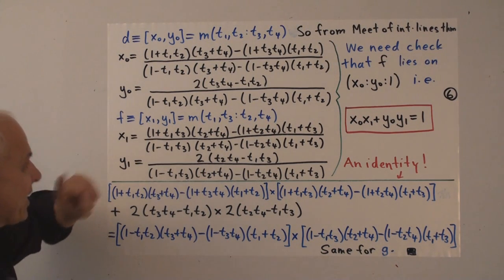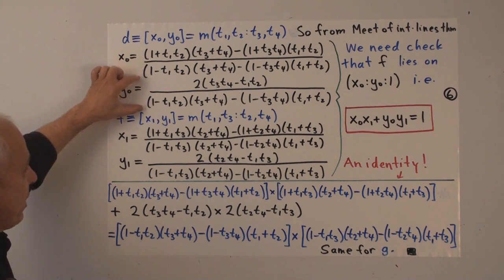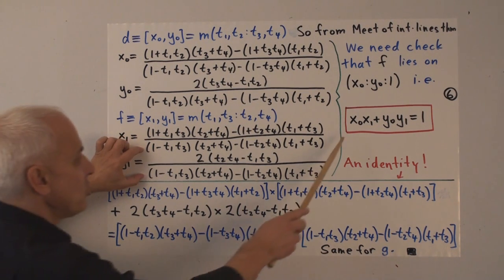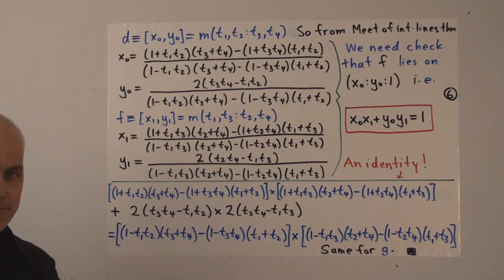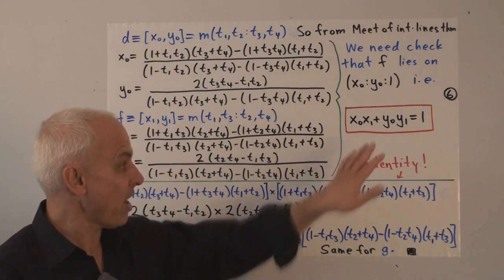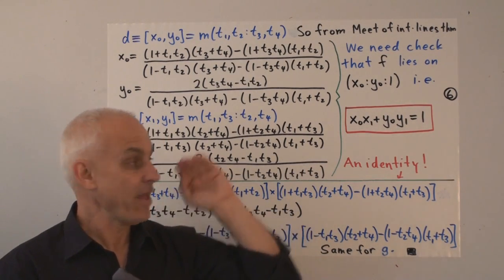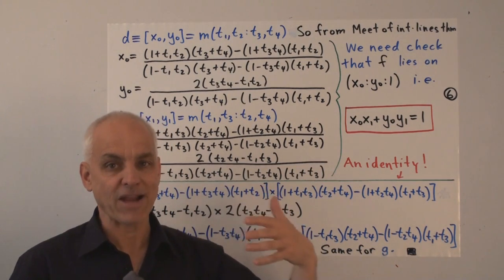But that's going to be exactly the same as the denominator of y0 times the denominator of y1, because these two denominators agree and these two denominators agree. So these two things here have the same common denominator. Why don't we just multiply through by that common denominator, getting it up to the right-hand side. Then what we need to check is much simpler. There's no more fractions at least.